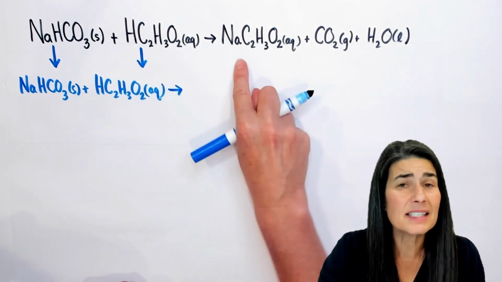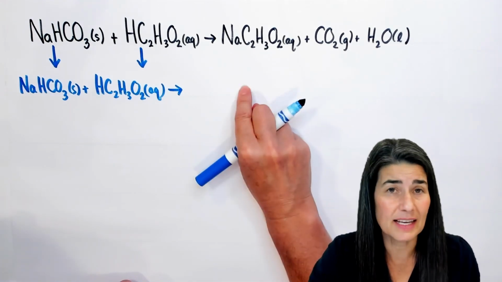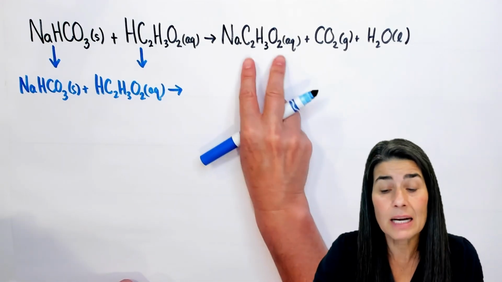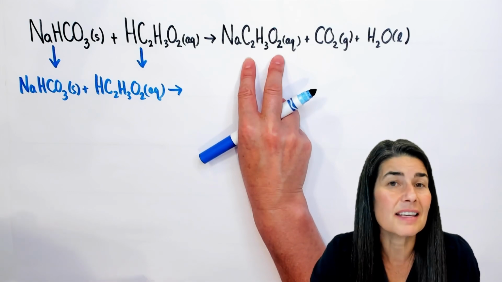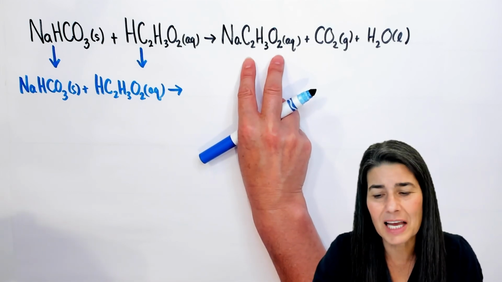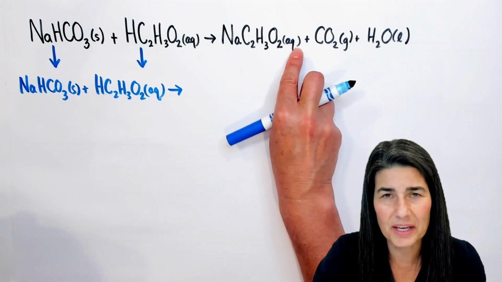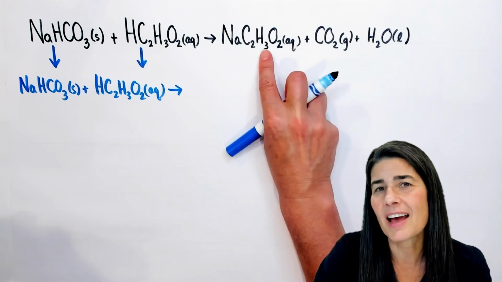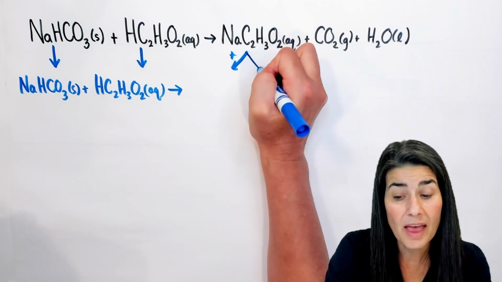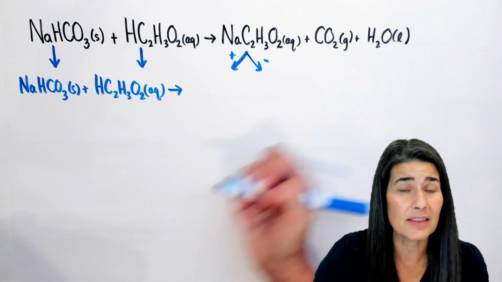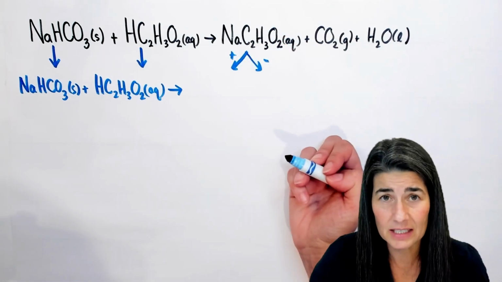Now, the next chemical is sodium acetate. We have a metal and a polyatomic ion, acetate. So this is again ionic. This time our ionic does say aqueous. So when we have an ionic that's aqueous, we need to split it up into the 2 and only 2 ions. There's a plus piece and a minus piece.